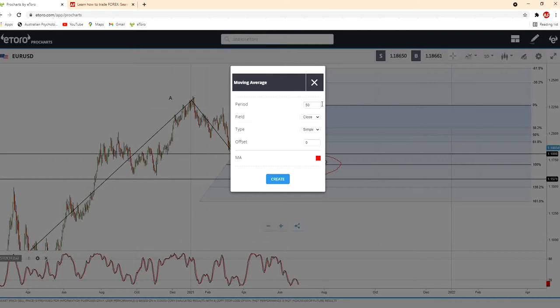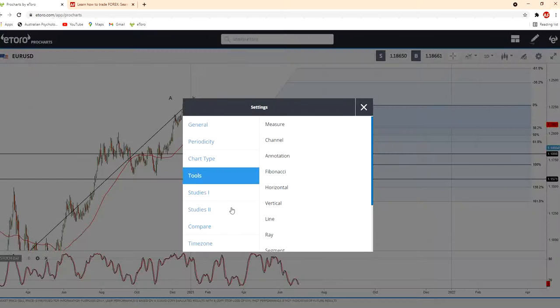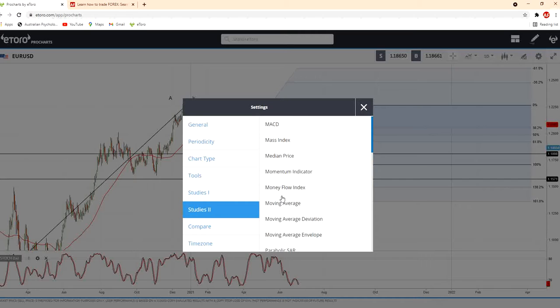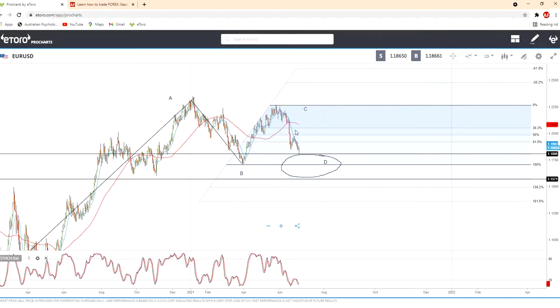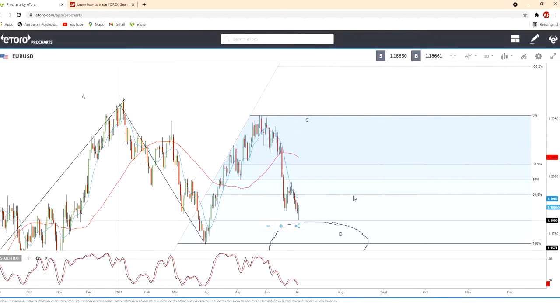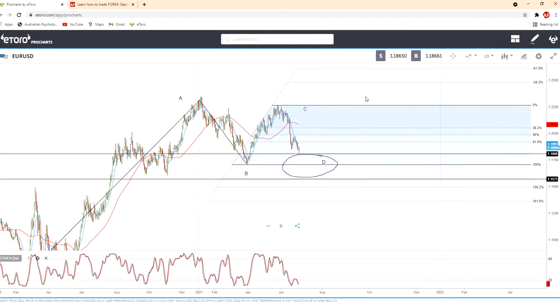Depending on the time frame, you may use 50 and another moving average 9, blue color, then wait for the crossing for the uptrend.